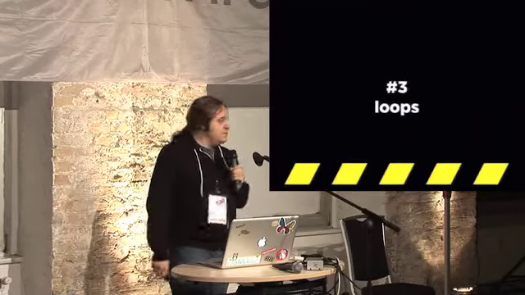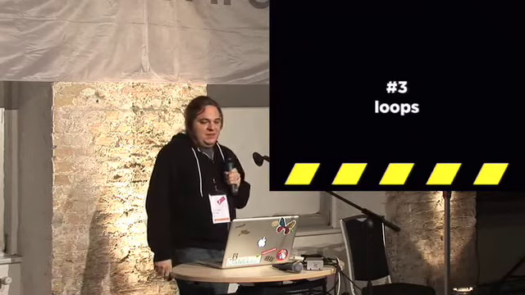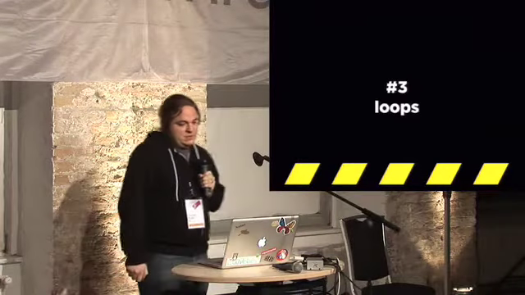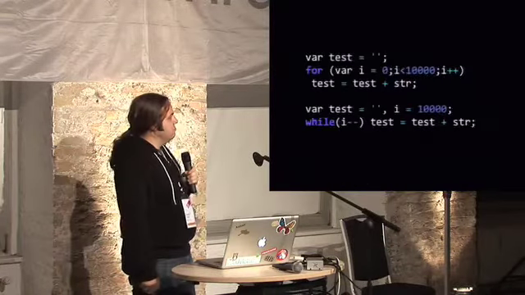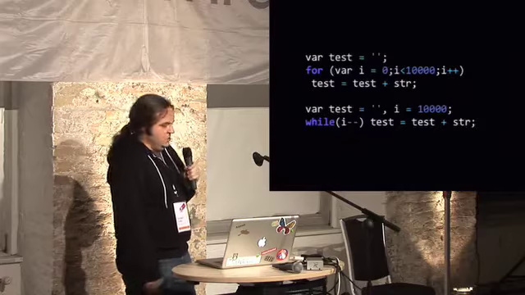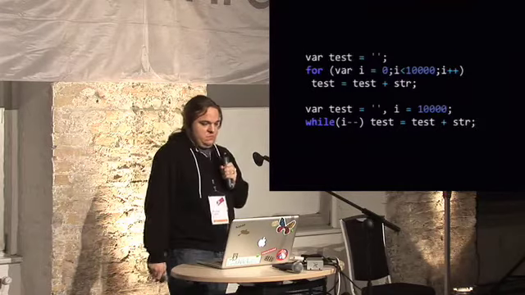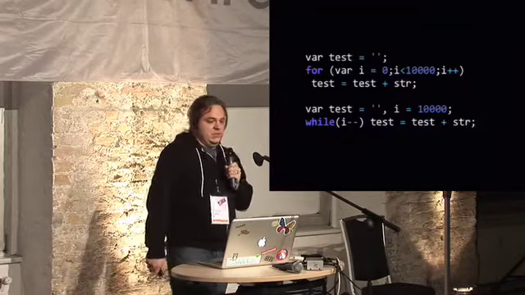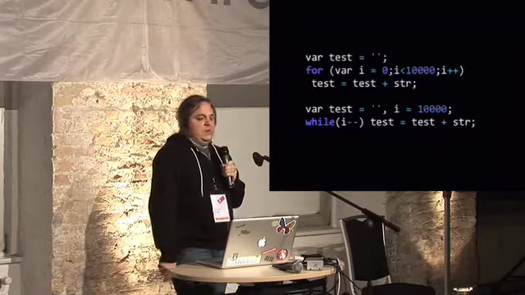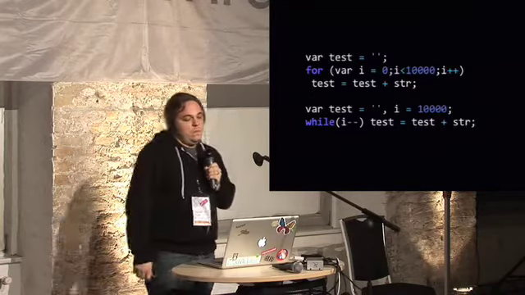Loops. Loops is another low-hanging performance fruit. Here's a for loop compared to a while loop. These two loops do exactly the same thing, except one counts up, the other counts down.